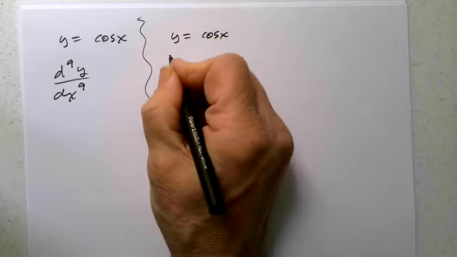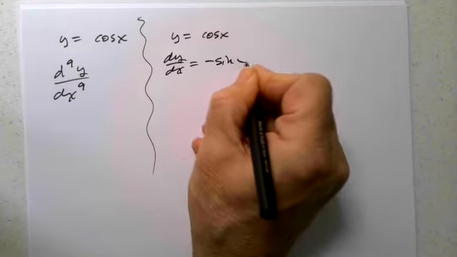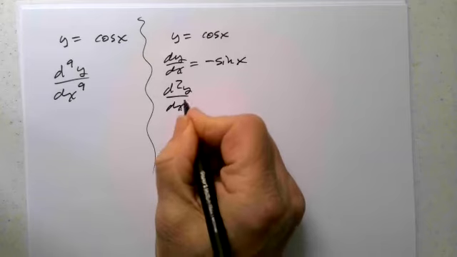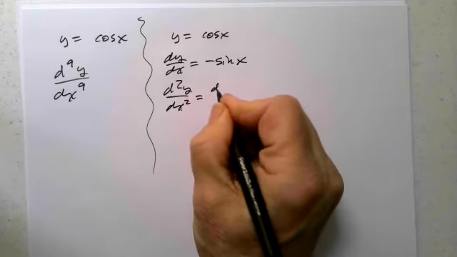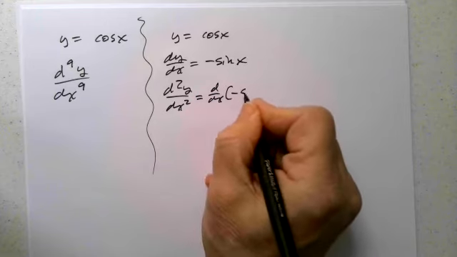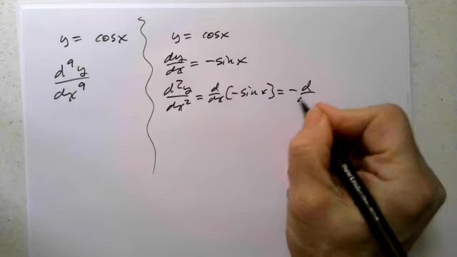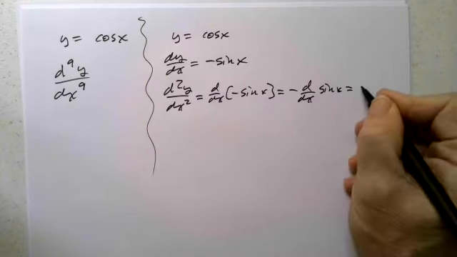Its derivative, dy/dx, is minus sine x. The second derivative, d2y/dx2, would be the derivative of minus sine x, which is minus the derivative of sine x, which is minus cos x.